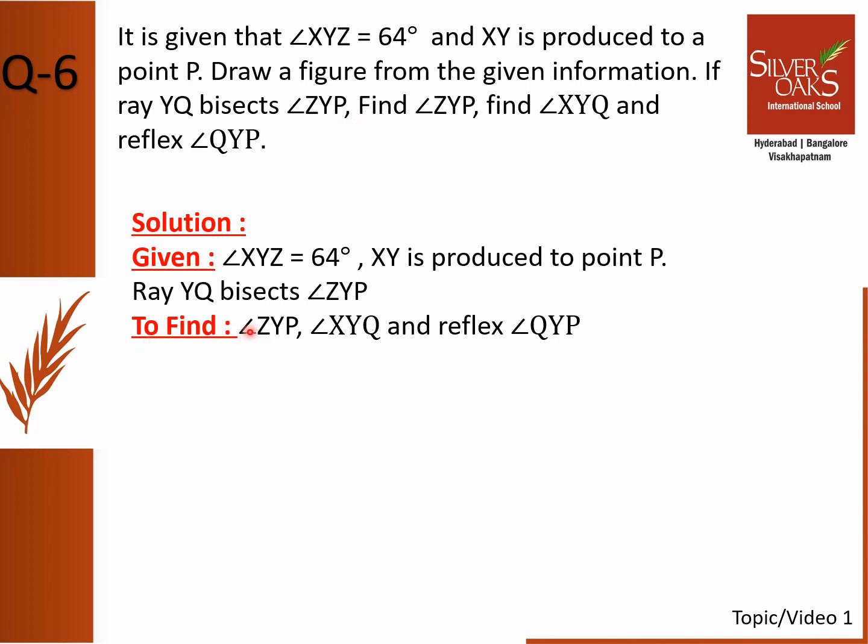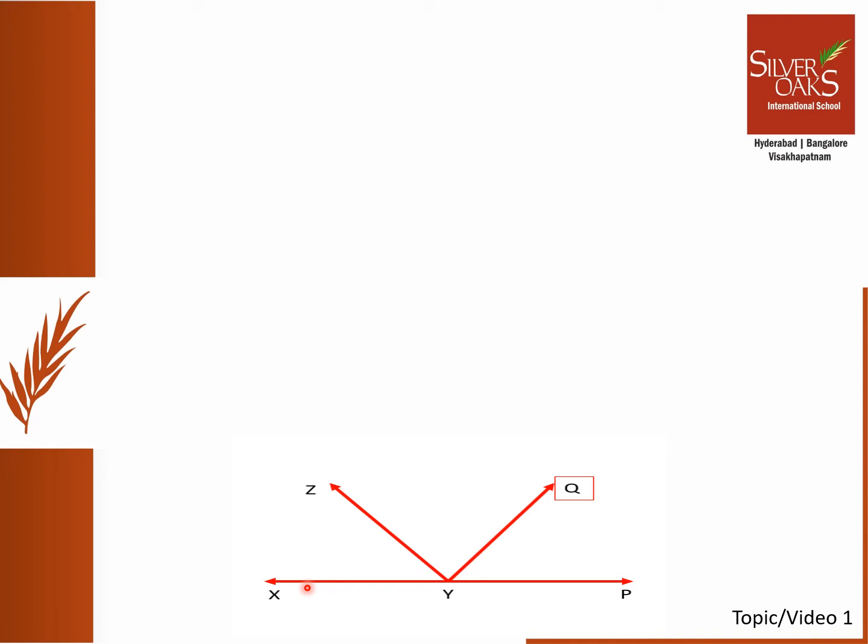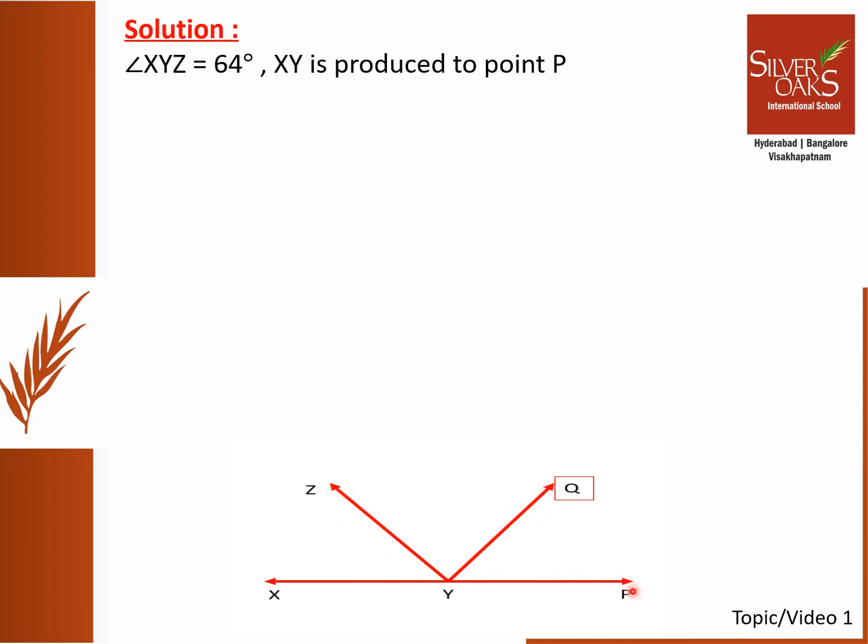What are you supposed to find out? To find angle ZYP, XYQ and reflex angle QYP. Draw the figure. XY is produced to point P and ray YQ bisects angle ZYP. This is how you'll draw the figure.